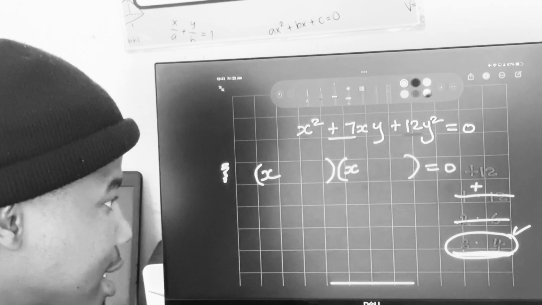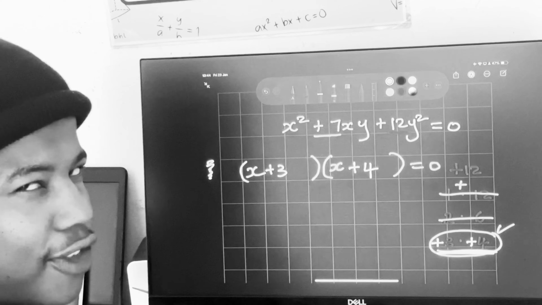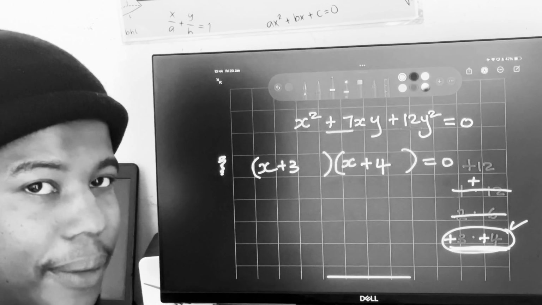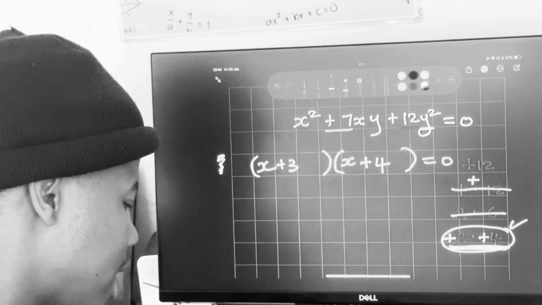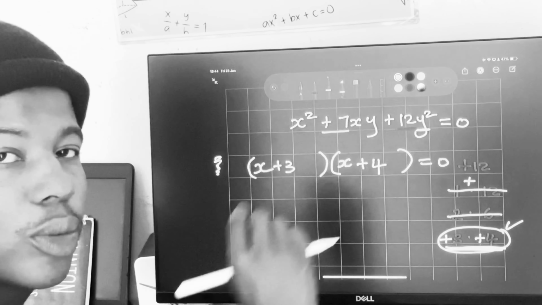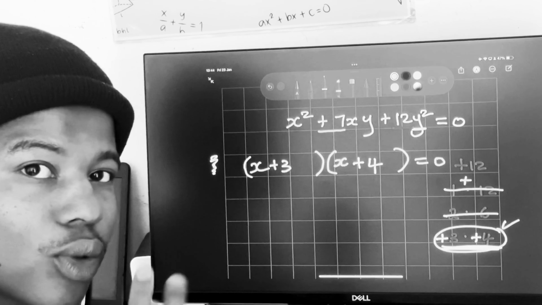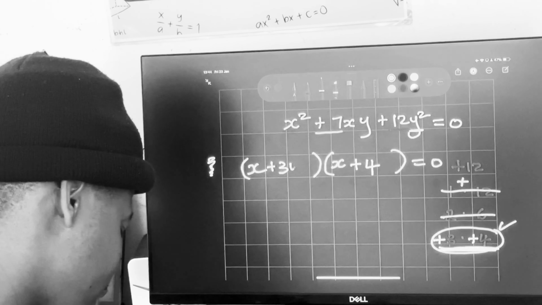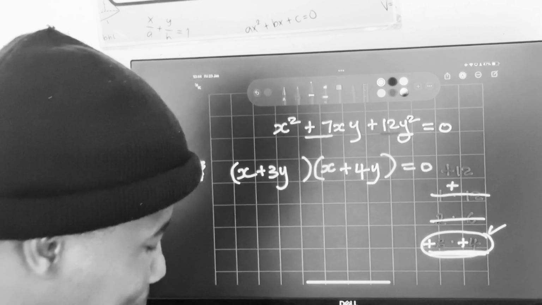We can see it's positive 3 and positive 4, because positive 3 times positive 4 will give you positive 12. Now we're going to say plus 3 plus 4. You can say plus 4 plus 3, it doesn't matter the order. And then, since we had a y squared here, we're going to break the y squared into y times y.